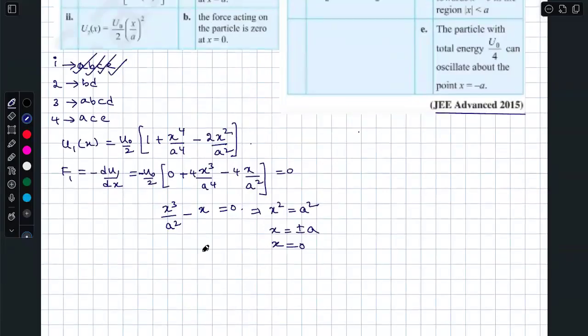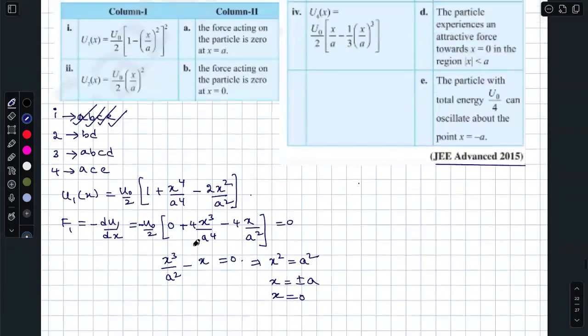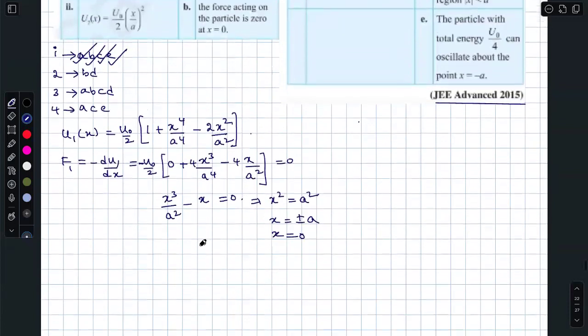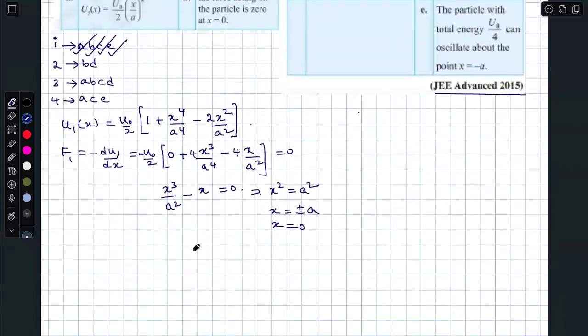Okay, sir, we are cheating. Total energy U naught by 4, when does it come? Okay, you take x is equal to minus a, for example. What is u in this case? U naught by 2.